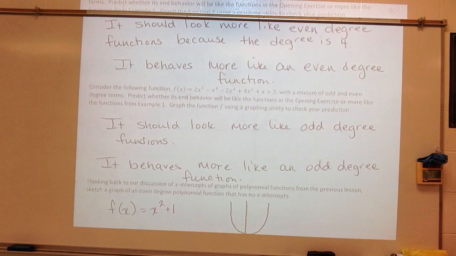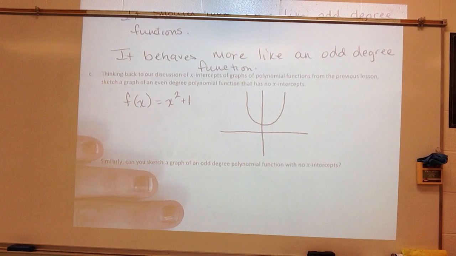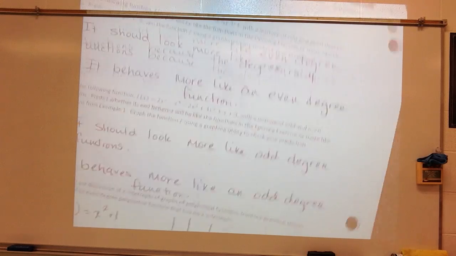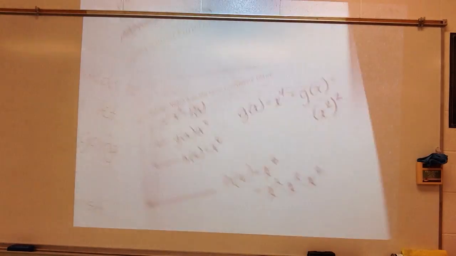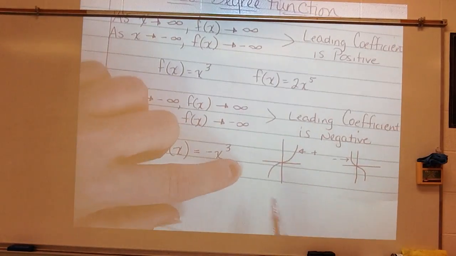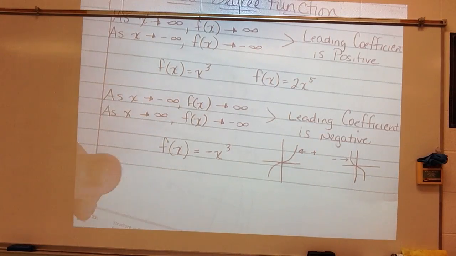Similarly, can you sketch a graph of an odd degree polynomial function with no x-intercepts? This one probably will take you a few minutes to figure out, but what you're going to figure out is you cannot do that. There's always going to be a cut-through nature, because if you look at our odd degree functions, it's always going to cut through somewhere.